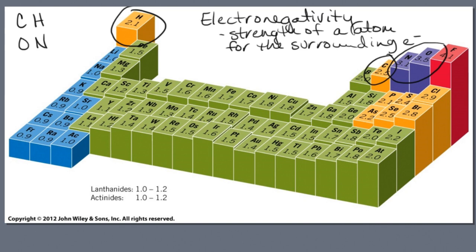When you compare carbon and hydrogen to oxygen and nitrogen, carbon and hydrogen are relatively weak, and oxygen and nitrogen are relatively strong. That is a very important thing for us to remember when we look at different covalent bonds and want to classify them as polar covalent bonds or nonpolar covalent bonds.